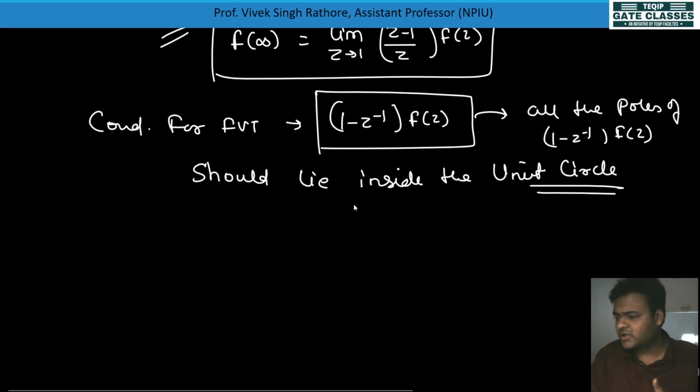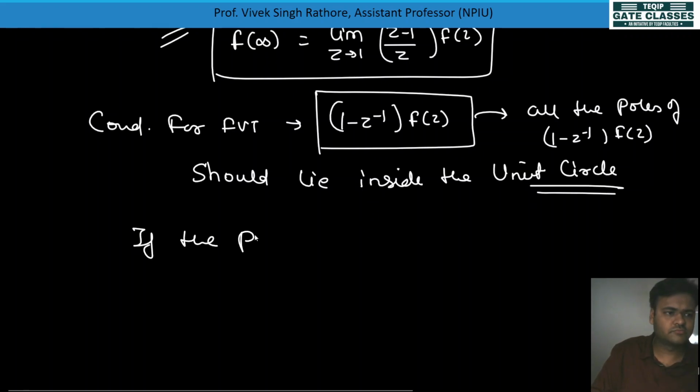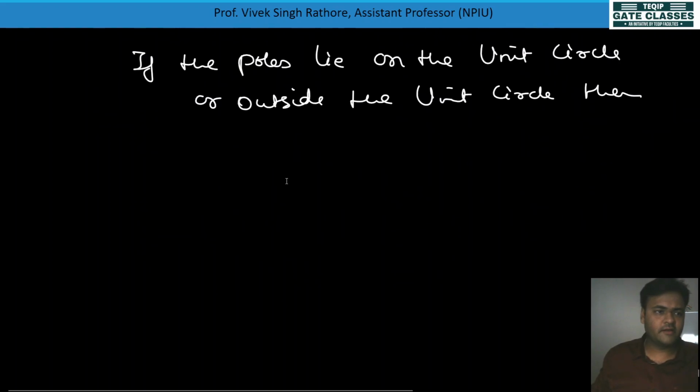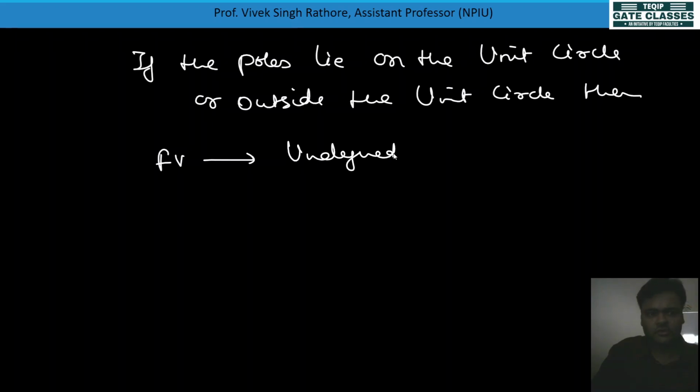If the poles lie on the unit circle or outside the unit circle, then the final value will either be undefined, or the final value theorem must not be applied.